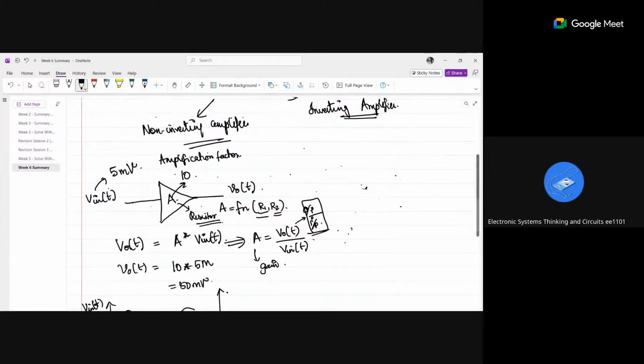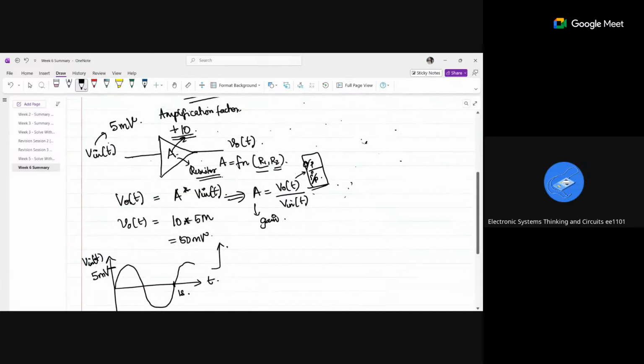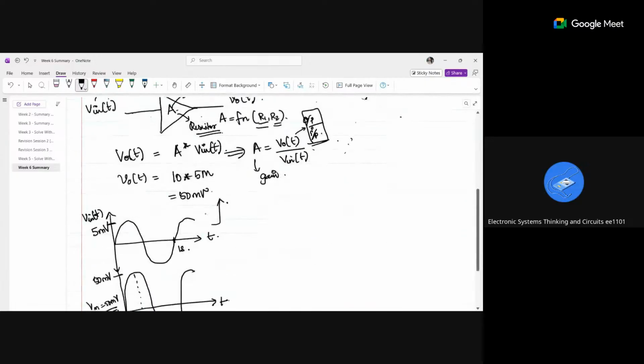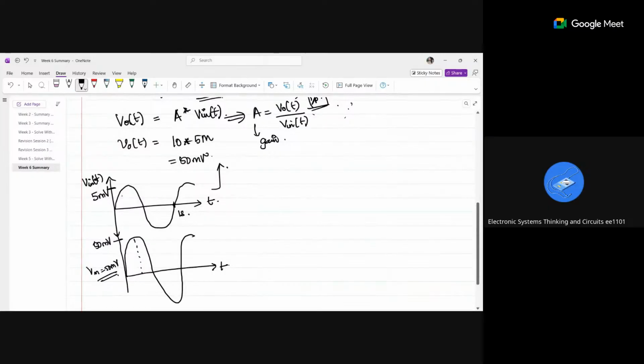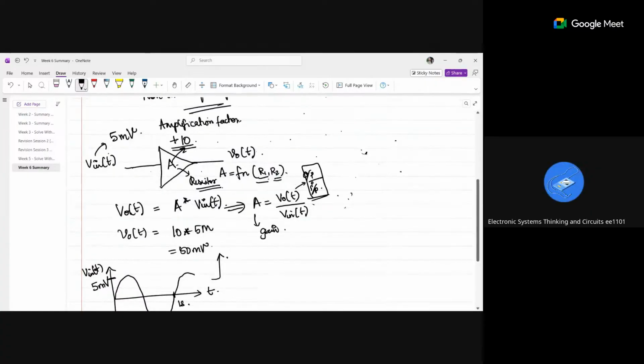For a non-inverting amplifier, the gain is always a positive value. Whatever my input is, it is multiplied by the amplification factor, and then I get my output. So V out of t is equal to A into V in of t. If I give a sine wave through the non-inverting amplifier, my output will be the sine wave with an increased amplitude, depending on A.